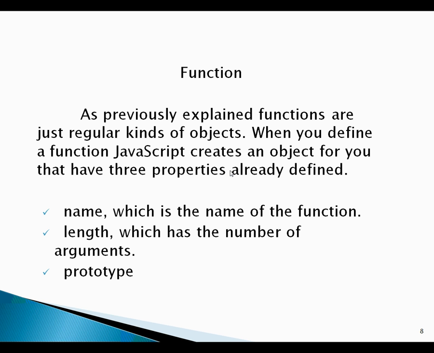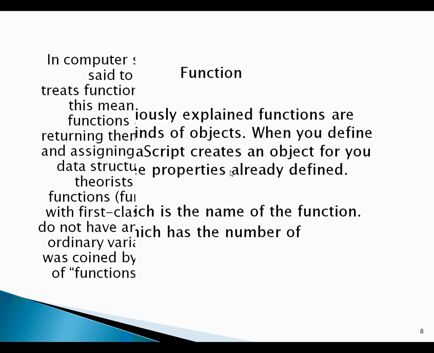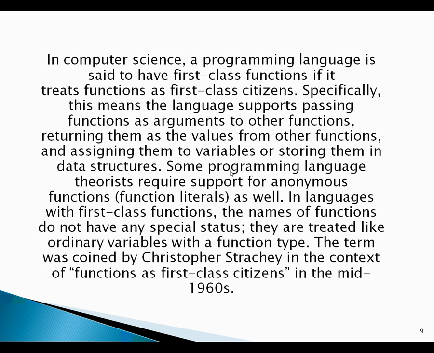It allows you to instantiate objects in many different ways. So earlier we had discussed in the first part, JavaScript is also called as having first class functions just because functions can be passed and returned from other functions. And this term was coined by Christopher Strachey.